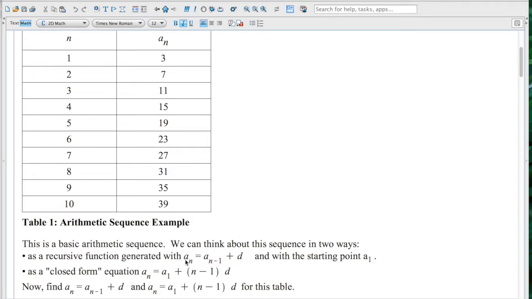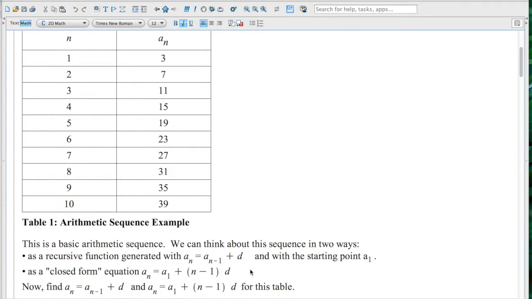So this says the nth a, which is in this column, could be the first a, the second a, the third a, and so on, is equal to the previous a. So if we were on a2, the previous a would be a1 plus a constant d. When we have a recursive definition, we have to have a starting point. a1 has to be given to us.